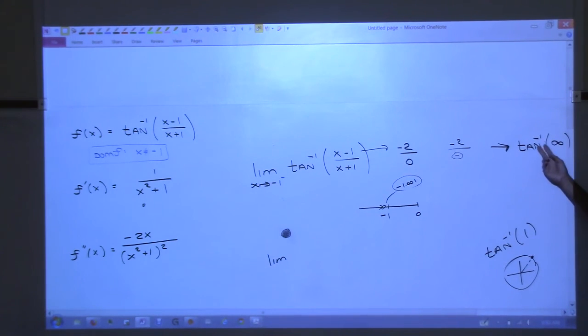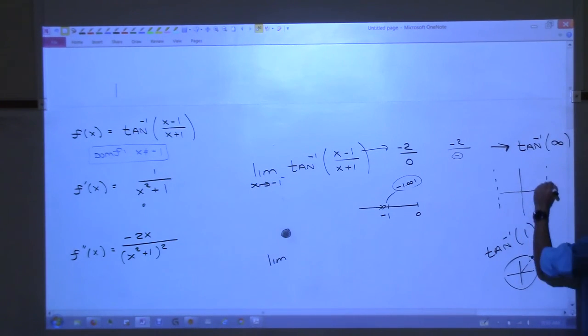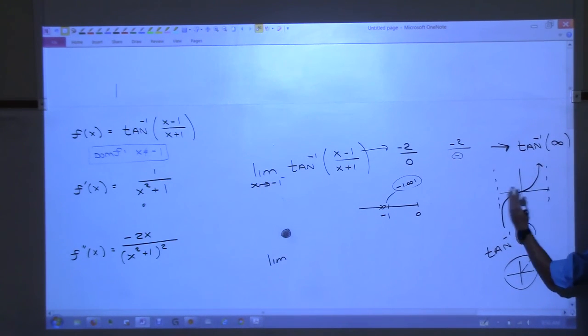This is saying arctangent of infinity. Go to your tangent function. These are the angles, and these are the outputs. It's asking when is your output infinite, at what angle?